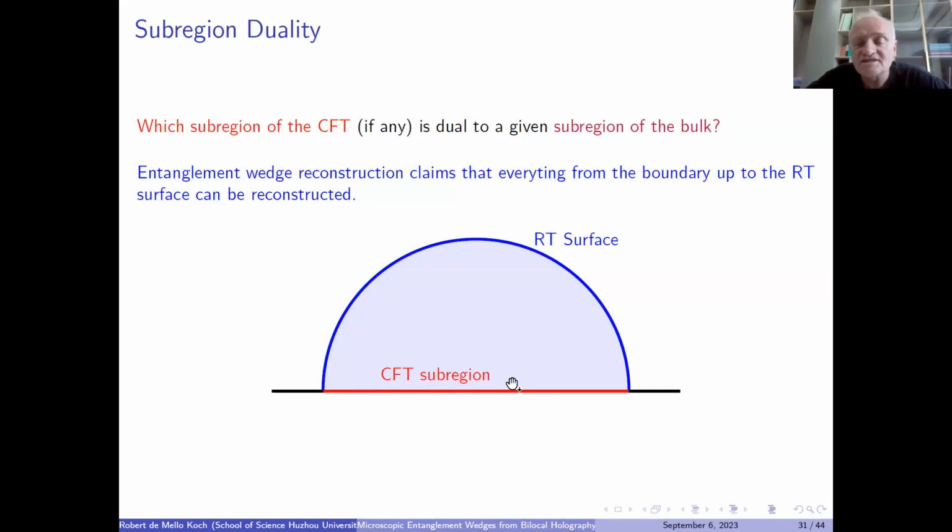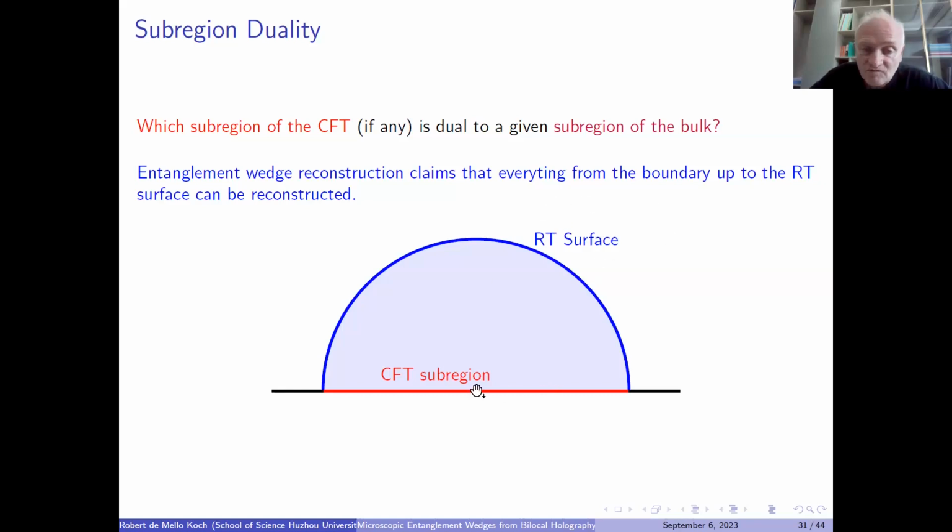And then the question is, how much of the bulk can you reconstruct from bilocals which are restricted to this red region? And the claim is that you can reconstruct everything up to the Ryu-Takayanagi surface. So this is the claim of entanglement wedge reconstruction. Actually, in this case, we're studying minimal-type AdS4, so the quantum extremal surface is the same as the Ryu-Takayanagi surface, so I could easily have said here quantum extremal surface.